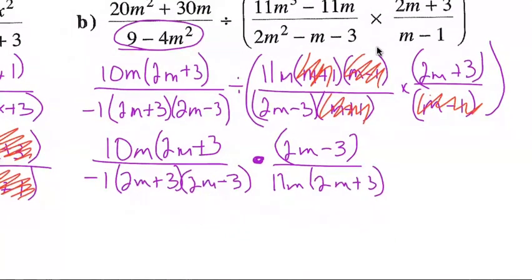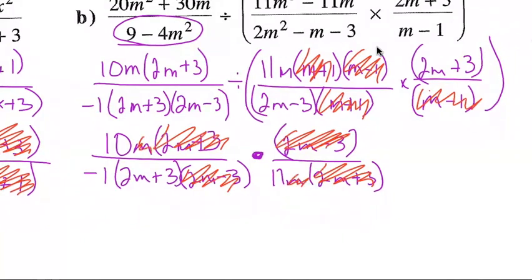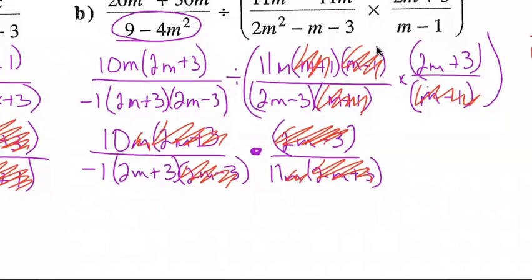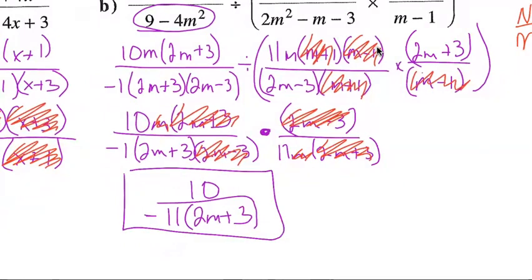Good. Now I can cancel again. This 2m minus 3, this 2m minus 3, this 2m plus 3, this 2m plus 3. That's an 11m, that's a 10m. These m's cancel, and I am going to be left with 10 over 11, 2m plus 3, and something has to be negative. Sure, there. Negative 1.